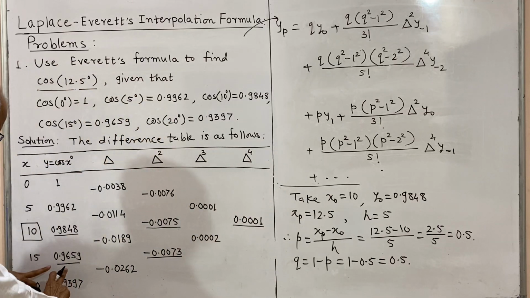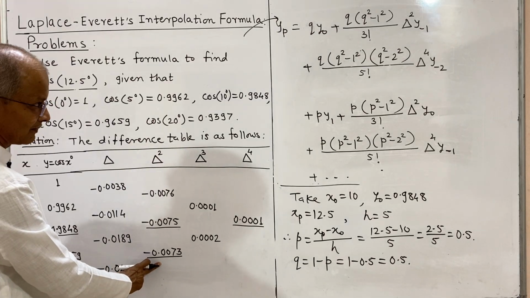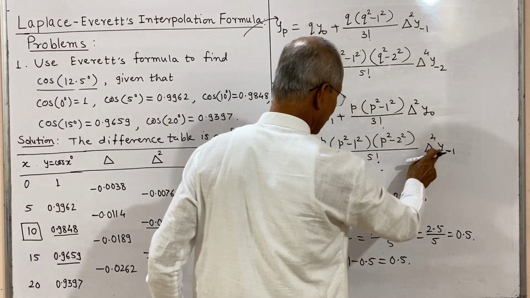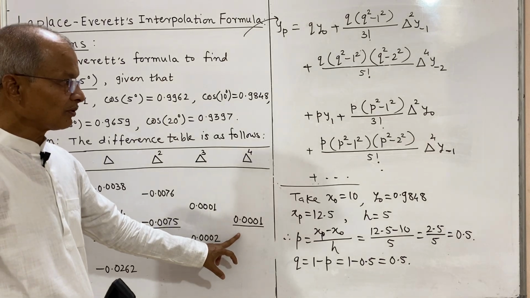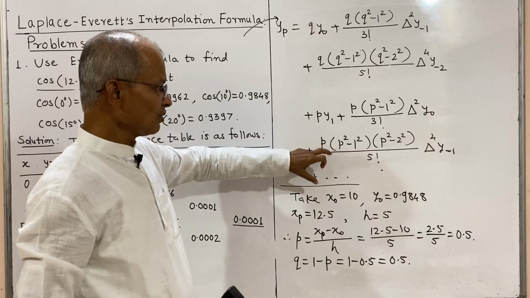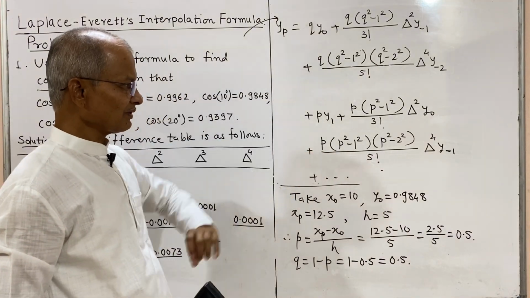And now you see for y1, this is delta square y naught, and this entry is not in the table. The fourth difference is only a single difference, and the fourth difference at y minus 1 is absent, and therefore there is no need to write this term actually, but in the formula the term is involved, that's why we have written it.